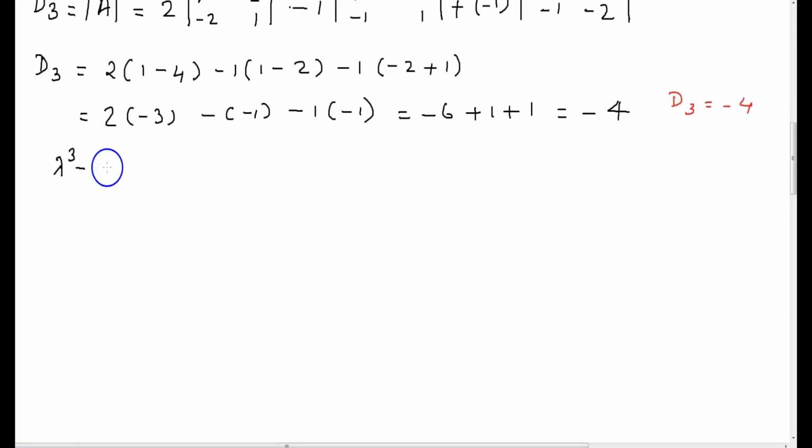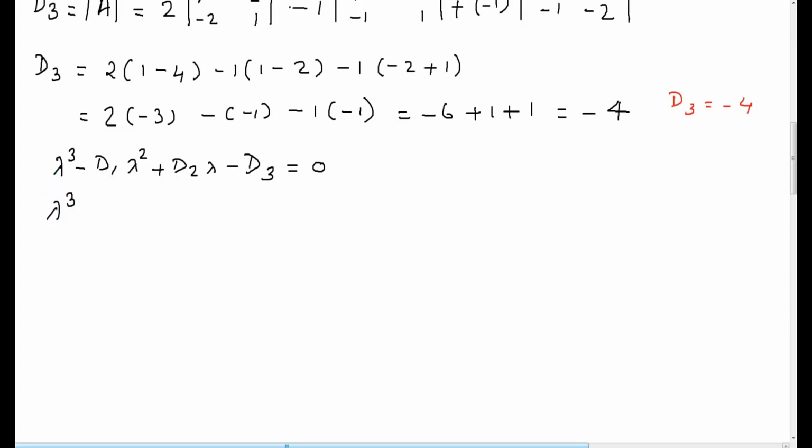We know that the characteristic equation is lambda cube minus d1 lambda square plus d2 lambda minus d3 equal to 0.